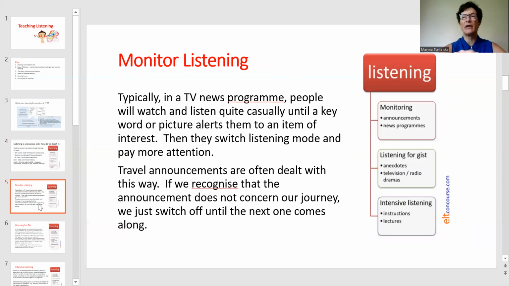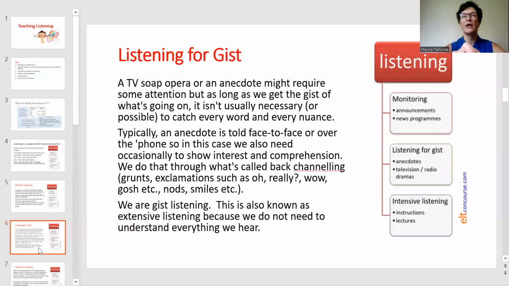There are 3 main types of listening, which are monitoring. When you monitor, you just pick up some very important details for you, and you don't listen to every word. When you listen for gist, it's already a more profound listening when you need to learn more from the listening.